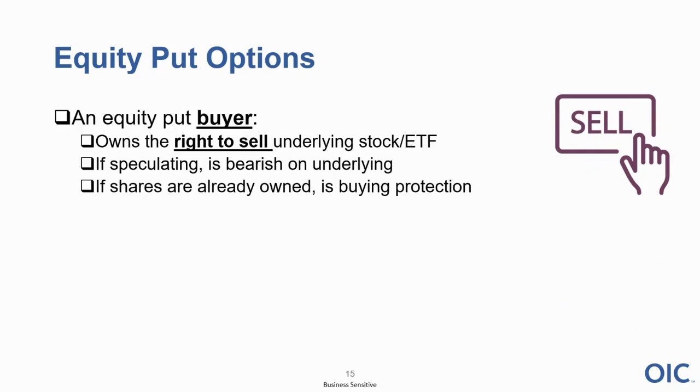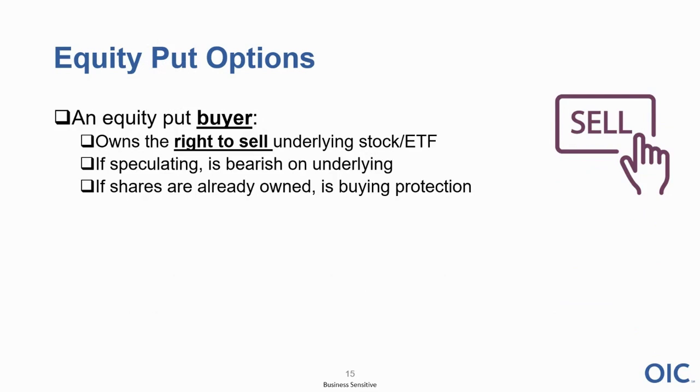So again, let's look at a hypothetical example. You own stock at $100 a share. You're worried that the market is going to make a downturn, and you purchase a $98 strike put. That gives you the right to sell your stock at $98 a share.